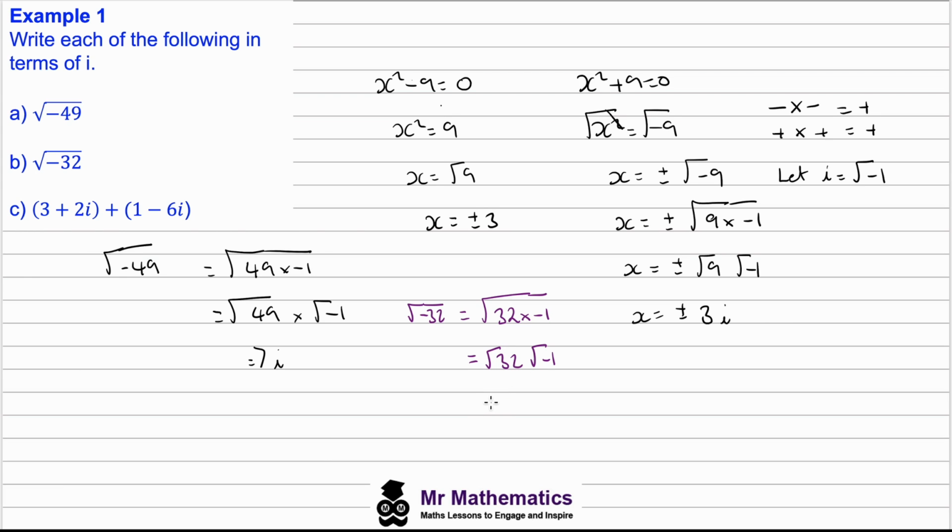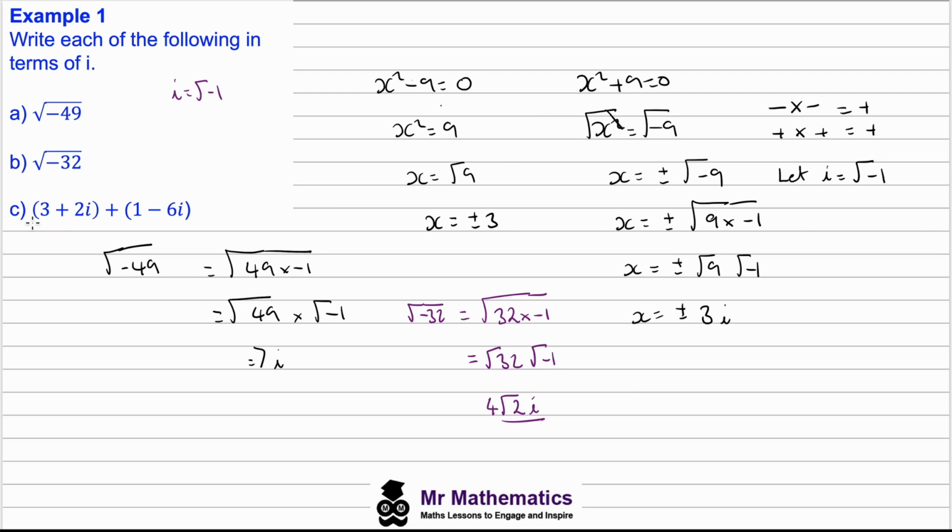And the square root of 16 is 4, so this will be 4 root 2. And the square root of negative 1, we know, is i. So we can simplify each of these using i equals the square root of negative 1. And this is what we call an imaginary number, because this doesn't really exist. But we can extend our number system to use this for these types of questions.